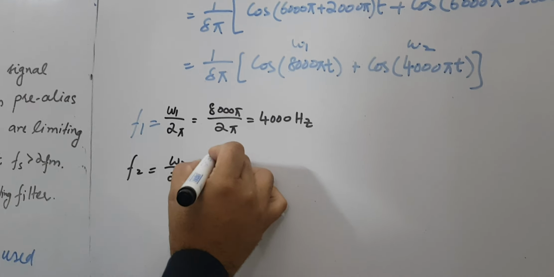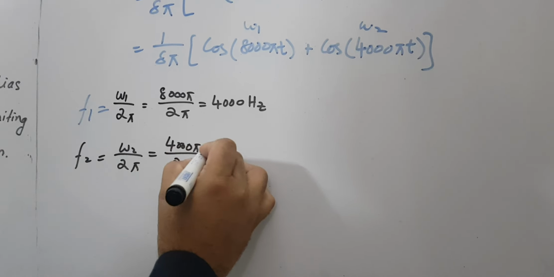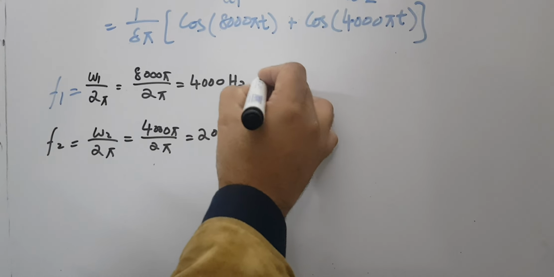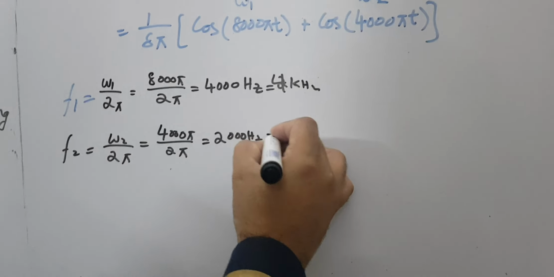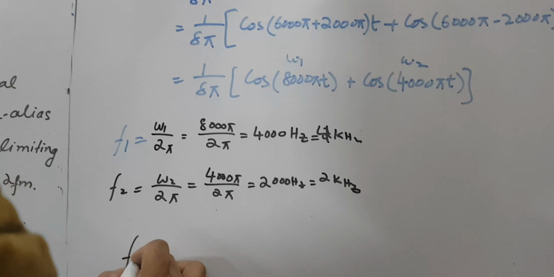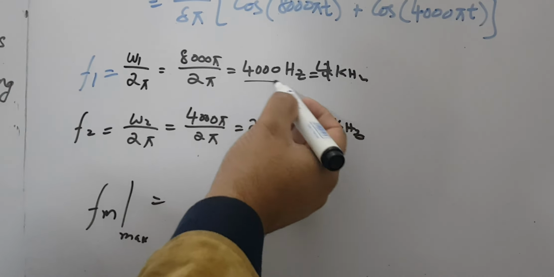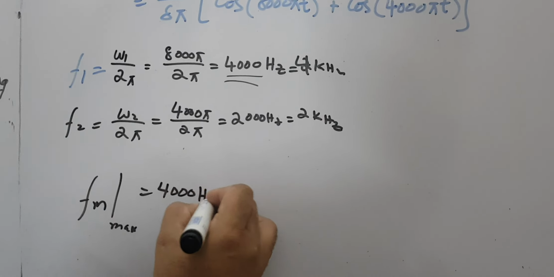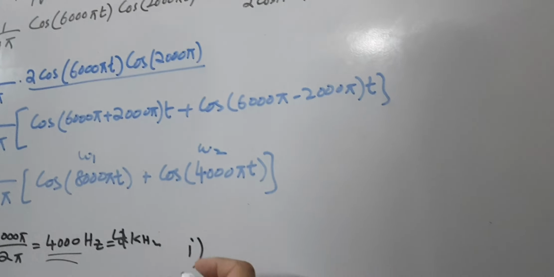Omega 2 is 4000 pi divided by 2 pi, so that equals 2000 hertz, or you can say 4 kilohertz and 2 kilohertz. So what is fm? fm is the maximum of these two. The maximum of these two is 4000, so that equals 4000 hertz.